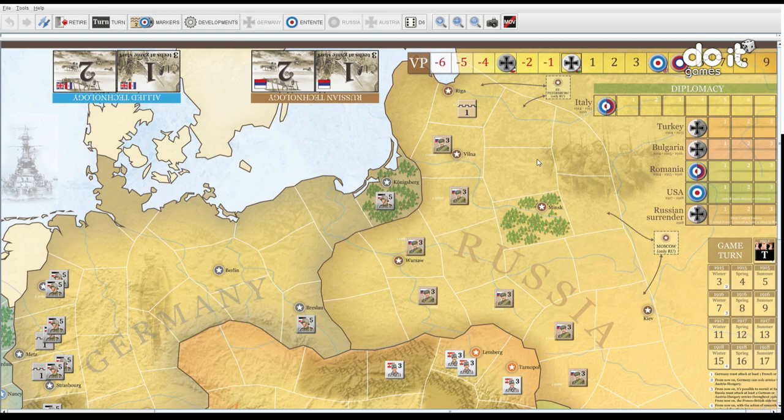So you see that the game starts with every country having different initial victory points. For example, Germany starts with minus 3 points, and Russia starts with 5 points.